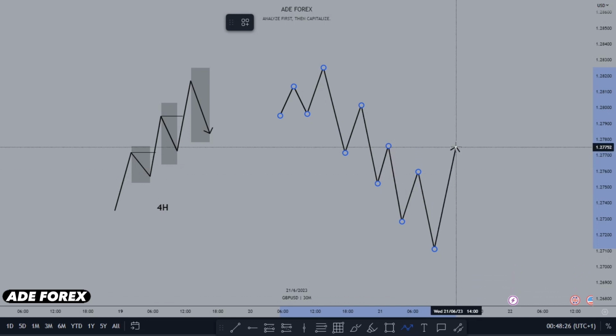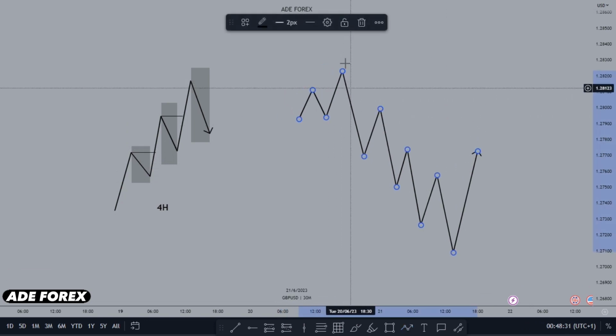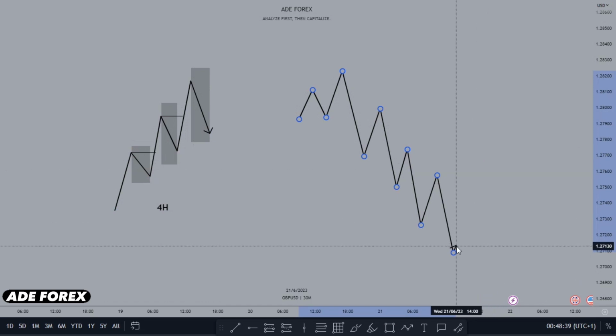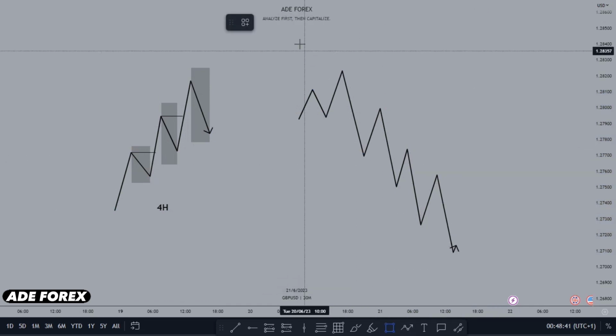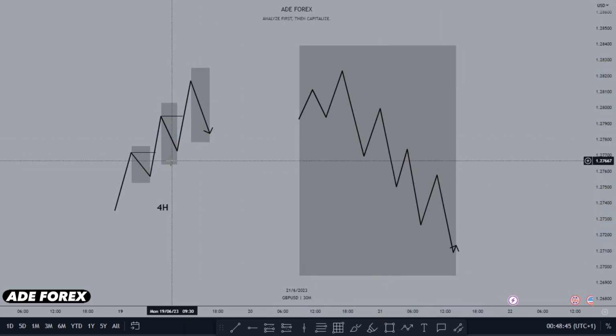Okay, let's actually put this like that. So now this particular move from here to here, let me actually bring this like that to make it easier for you guys to understand. Let me delete this one so it won't cause confusion.